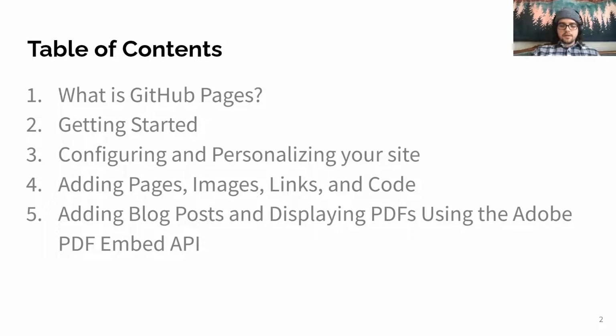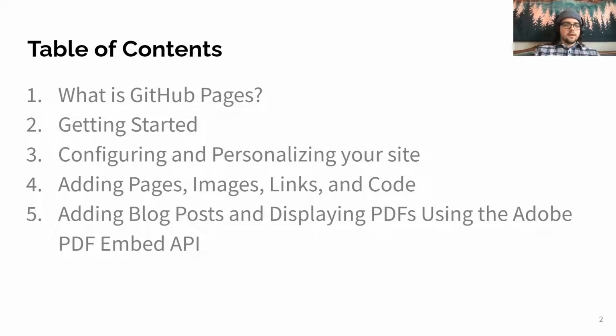I'll first discuss what GitHub Pages is and give a link to some examples of how it's used by companies for hosting a website for some of their open source software on GitHub. We'll then get started and create a GitHub repository that we'll use to host our GitHub Pages website. We'll set that up with a theme.